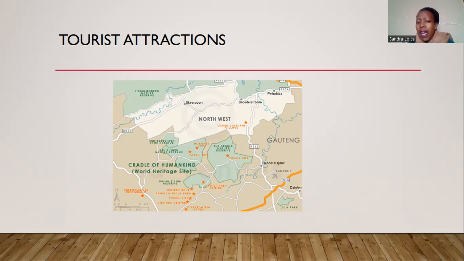We've got your Kruger National Park, which stretches almost all the way from Limpopo, coming down to Mpumalanga, which is a very great attraction because it's a natural attraction, and you find different animals in those places, which is very fascinating for tourists. And this means we then, as a country, attract different tourists from different places.